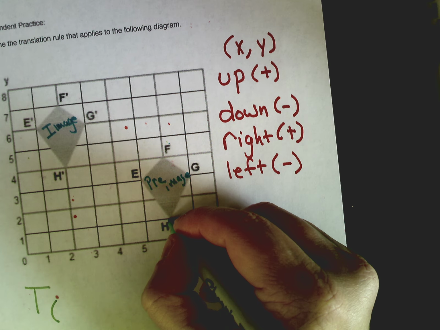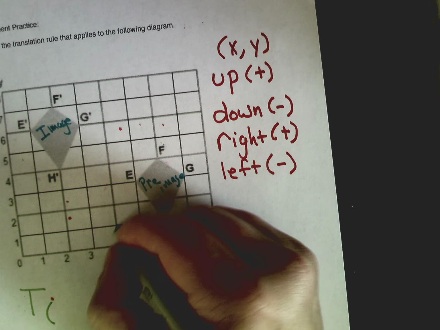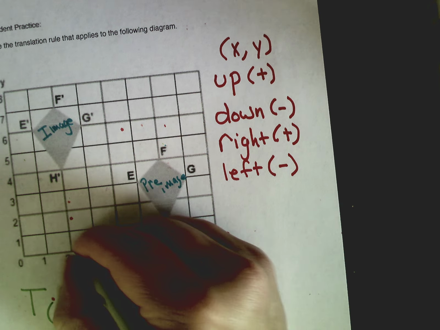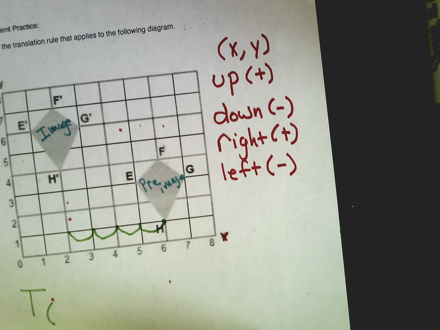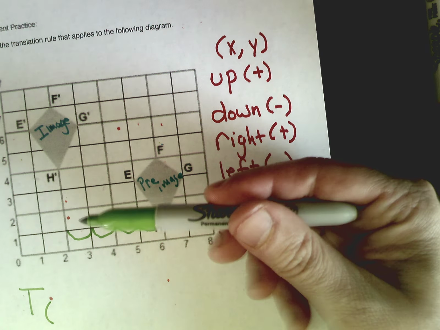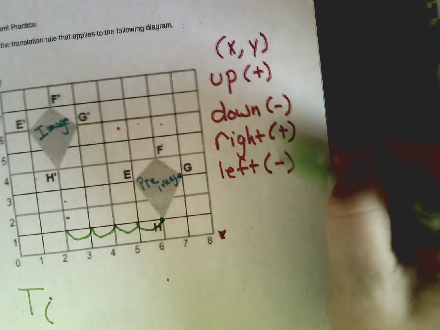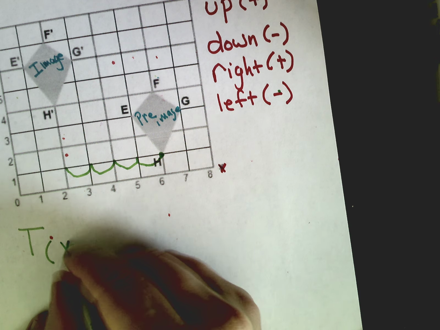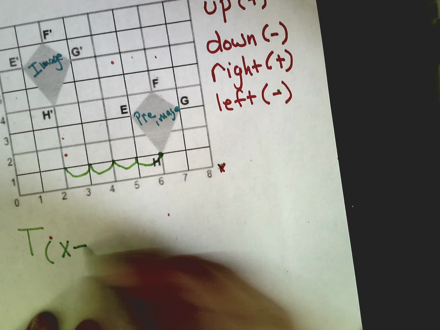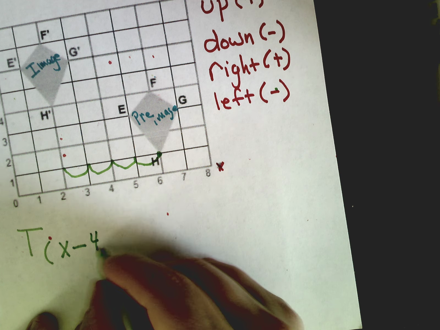So to go from H to H prime, I have to go across 1, 2, 3, 4. Now I went left. I went from here over to here. Left is negative. So I'm going to write in the x direction, I went negative. I went to the left. 1, 2, 3, 4 spaces.